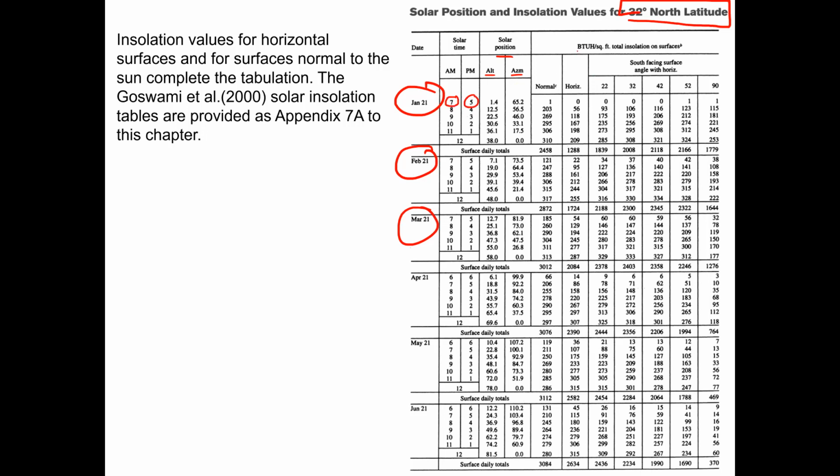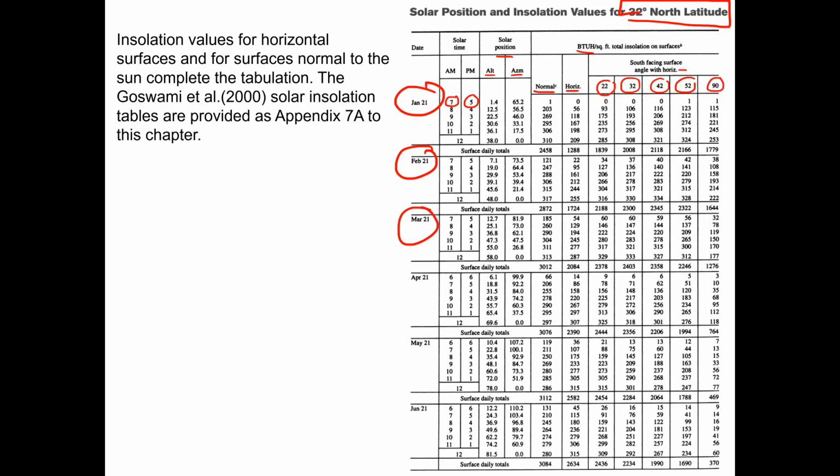And it'll give you the sun intensity for a surface oriented normal to the sun's rays, horizontal, as well as a south-facing surface with an angle to the horizon of 22, 32, 42, 52, and 90 degrees.